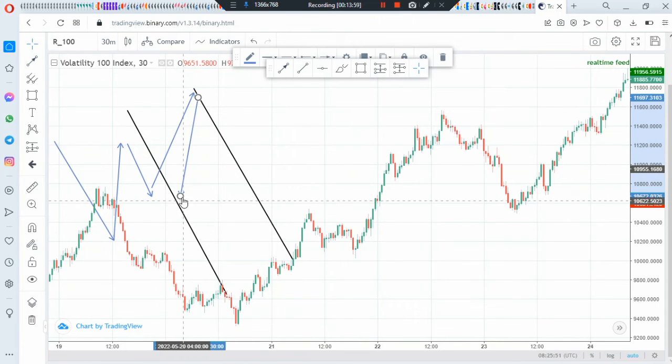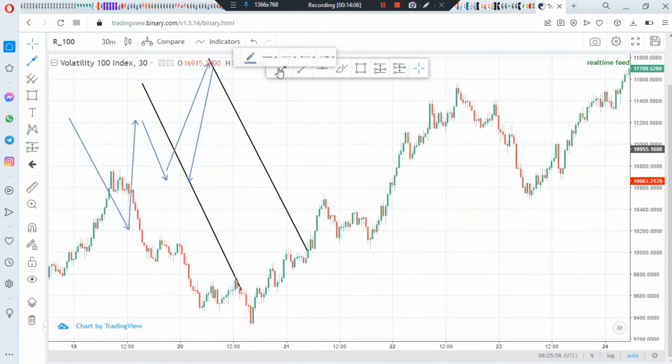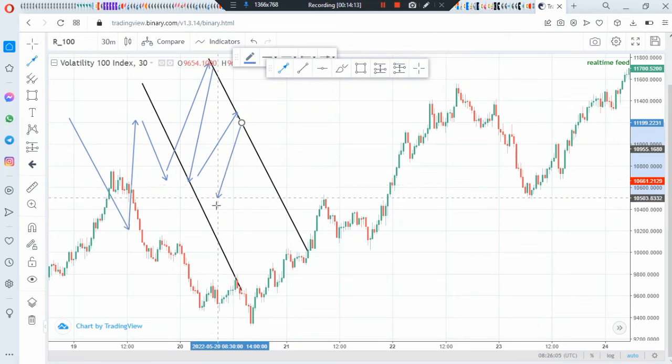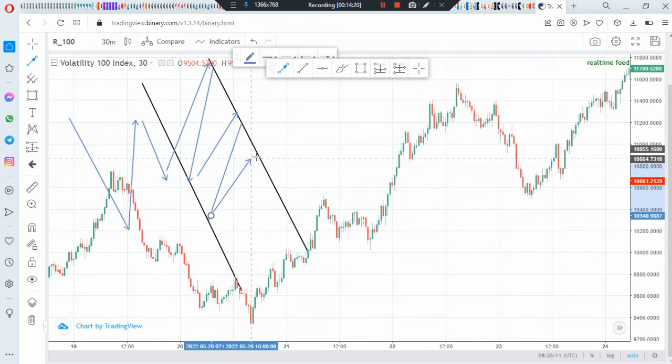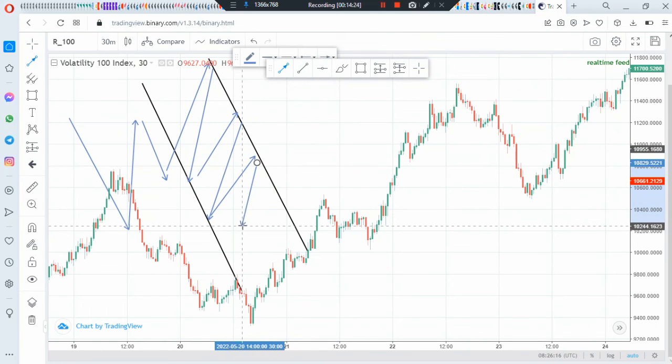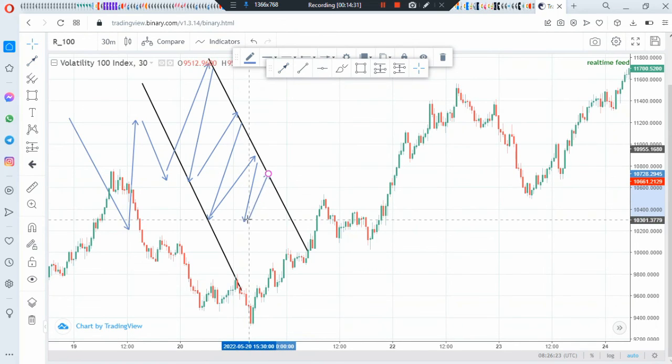It came down here, touched this trend line, went up like this, touched this one, came down again, maybe went up, came down here to retest that same level before it went up, like this.